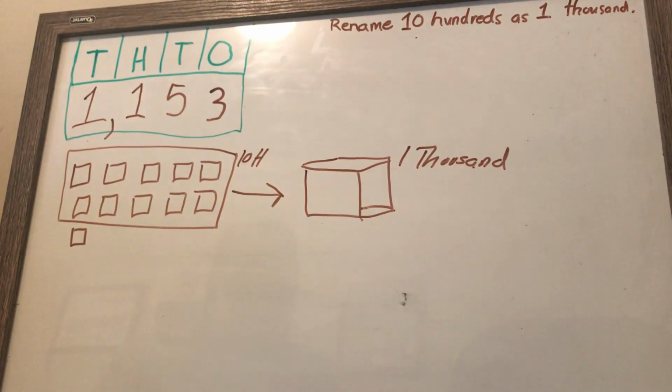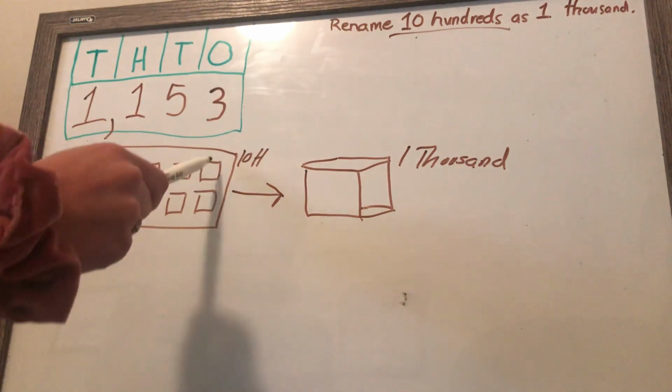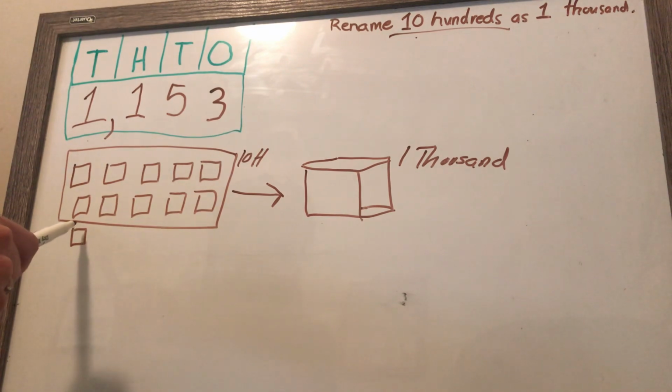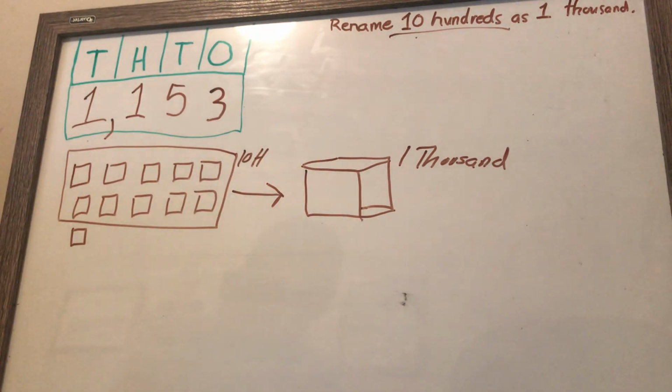That's our number. And what we did there was we renamed 10 hundreds as 1,000. Because we have 10 plus one more is 11 hundreds. So basically 1,100 equals 1,000 plus 100.